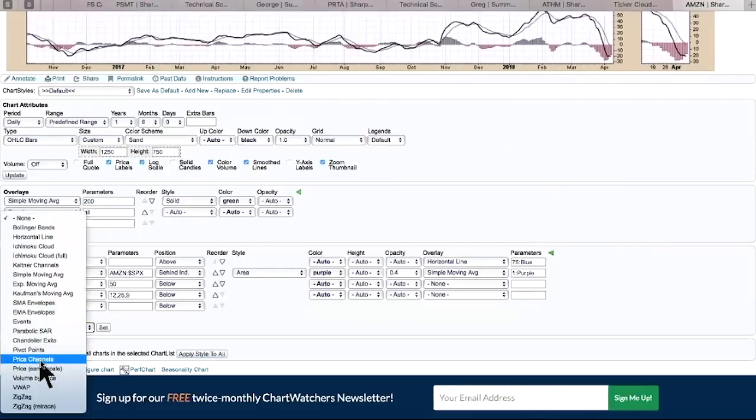There's price channels as well. If you're interested in the concept of channels, all of these are set up here, and all you have to do is go into ChartSchool and read all about them. At the bottom of those ChartSchool articles, Arthur has also referenced the books he used when he wrote the articles, and you can track them down that way.